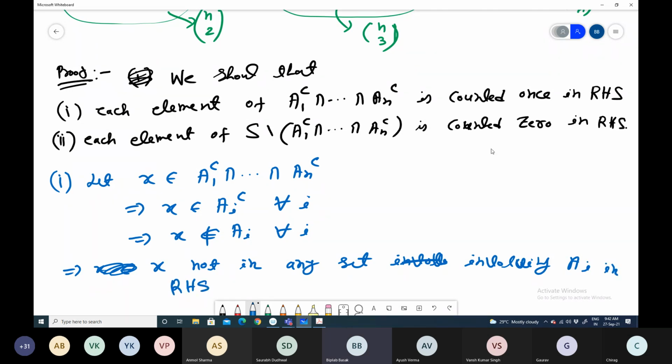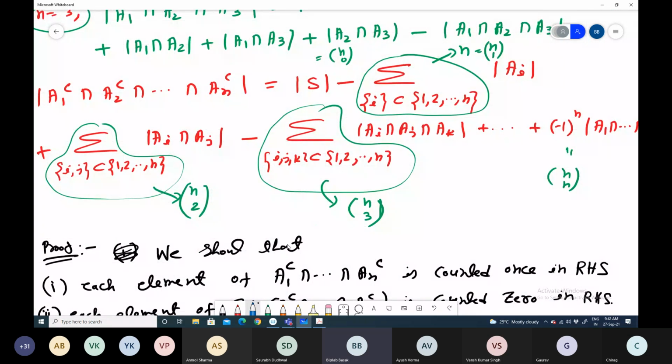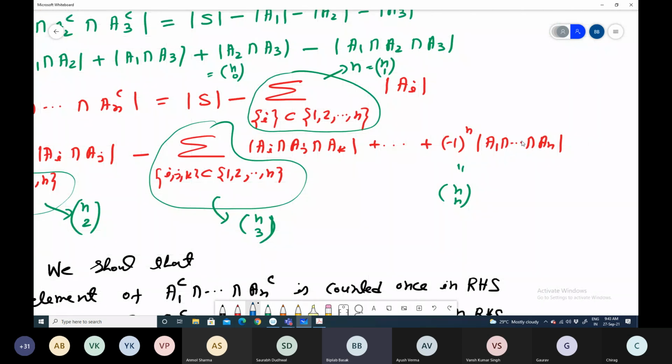For an example, if you look at this one, since X is not in AI for all I, here X is not in this set, not in this set, not in this set, similarly not in this set, right?